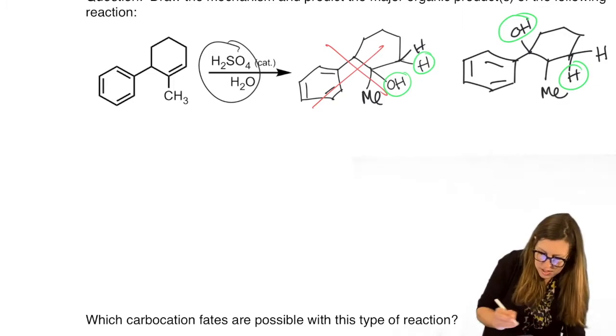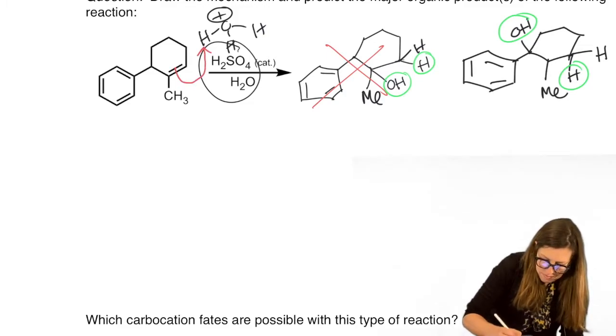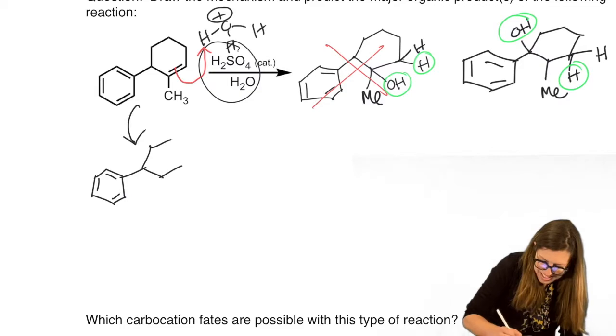So let's do this. So remember, this collectively is our H3O plus. Now, the first step's the same. So draw out your benzene ring right there, attached to what is now a cyclohexane with a positive charge.